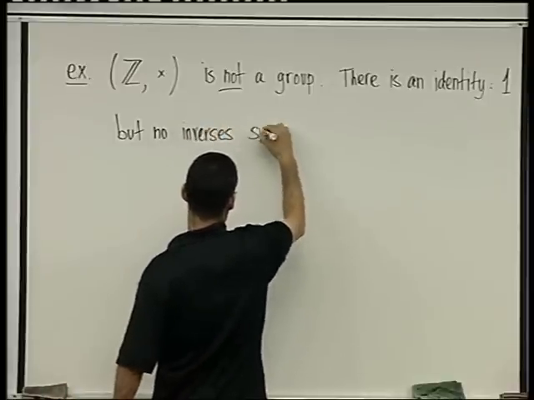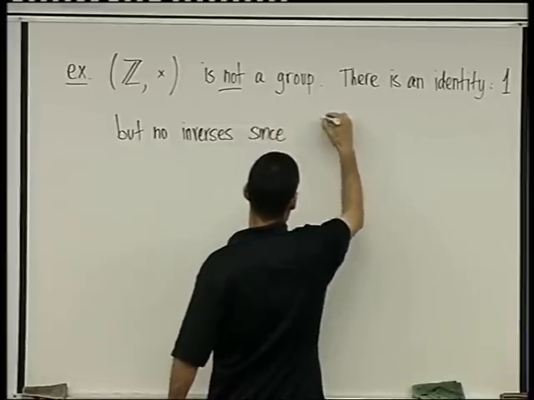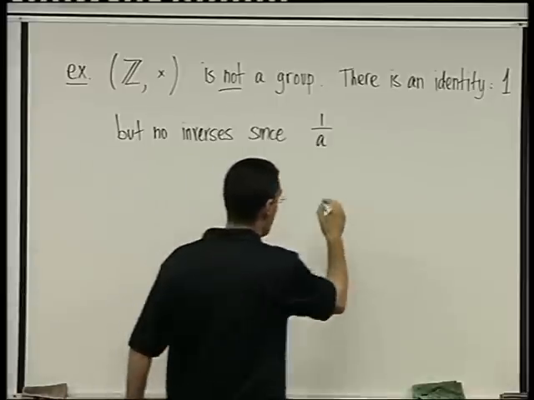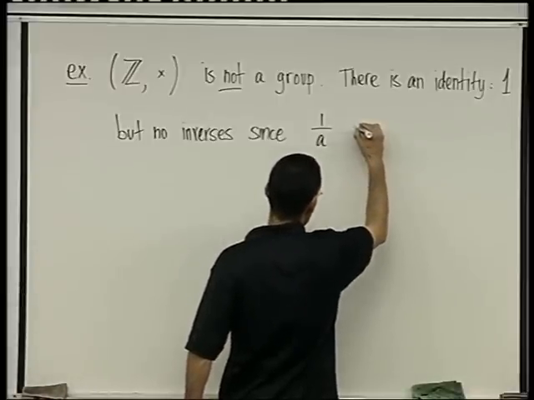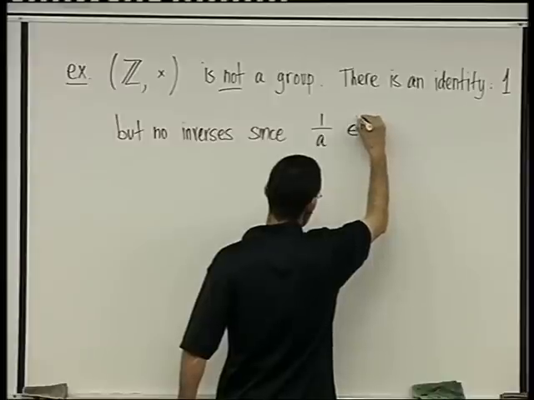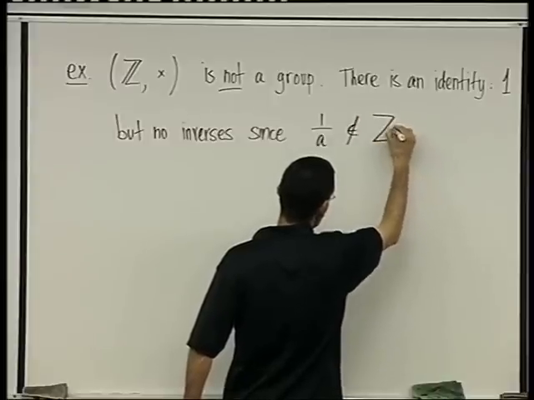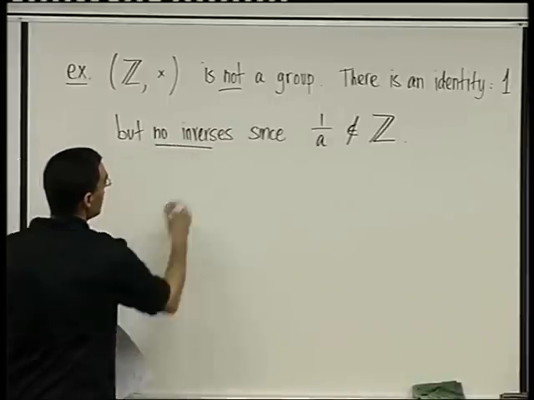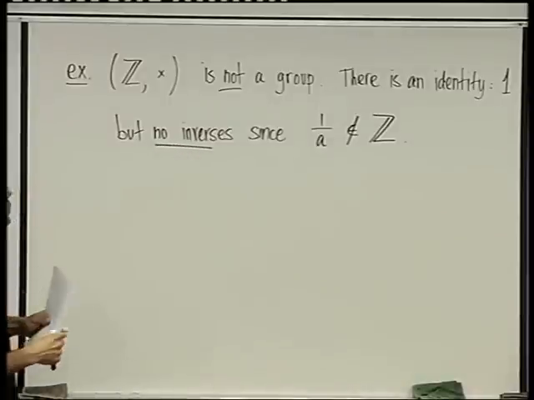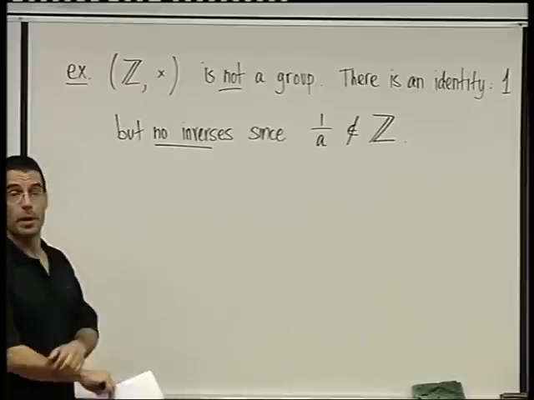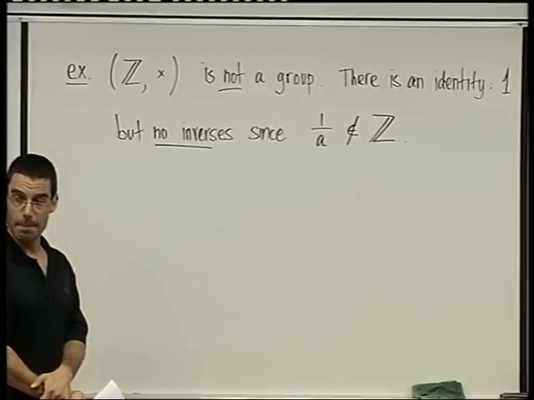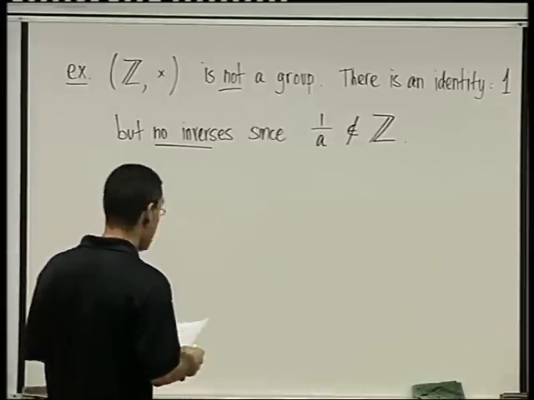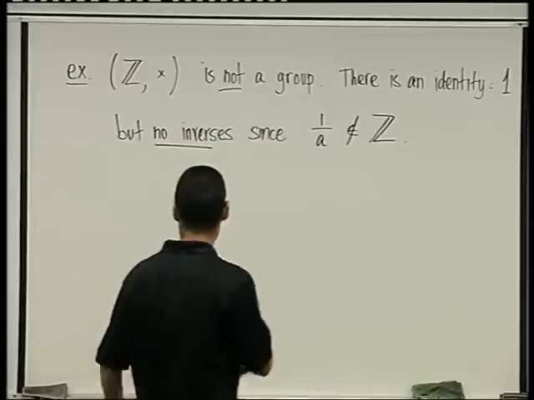Since if a is an integer, 1 over a is not an integer anymore, and we know how to denote it formally, 1 over a does not belong to Z. Clear? That's what fails in the integers with multiplication being possibly a group. Okay? So our next step is to expand.